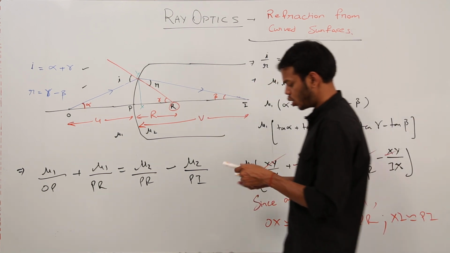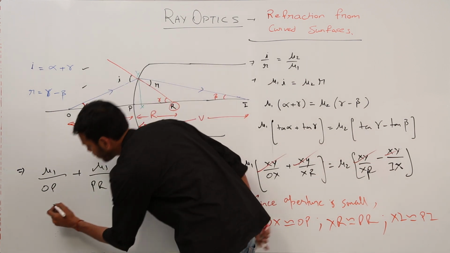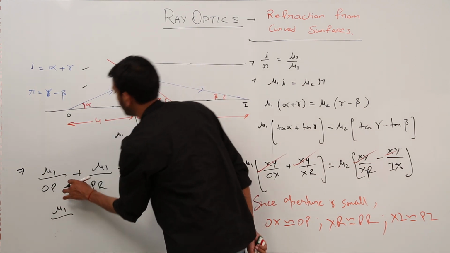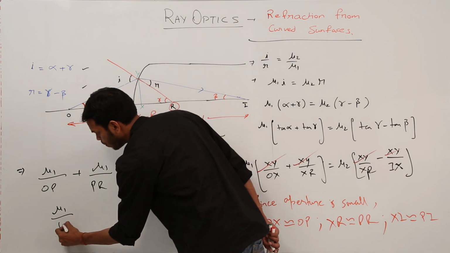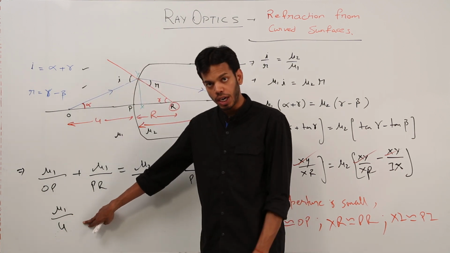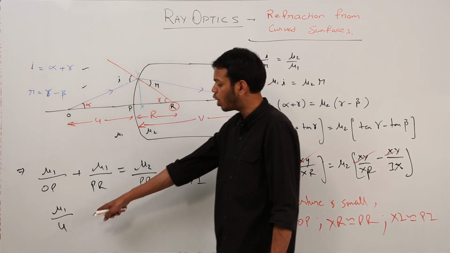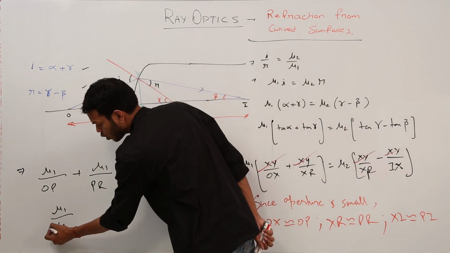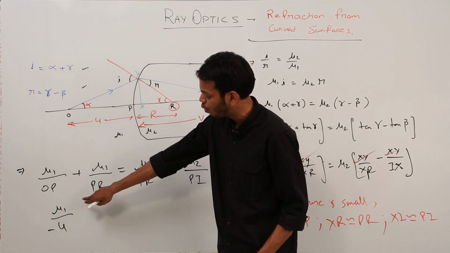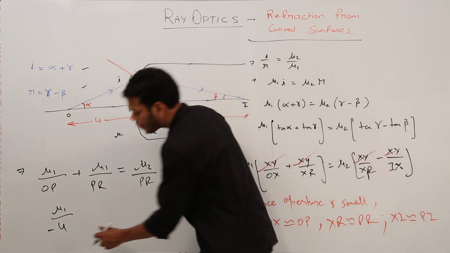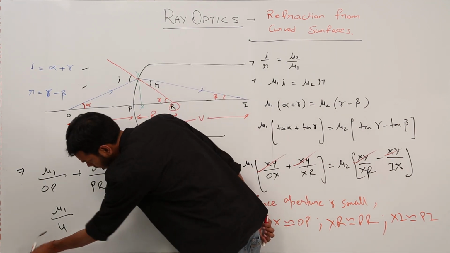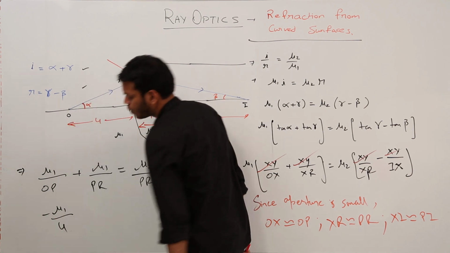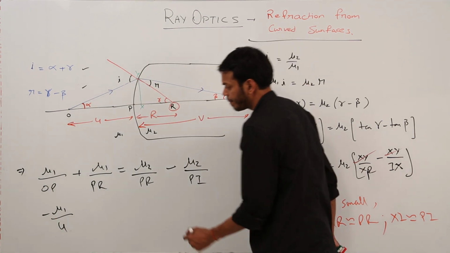So this equation becomes mu 1 upon OP. OP is U, right? Have I written this part right? Obviously not, because U is on the left side, which I will be taking as negative. So I should have written it like this, mu 1 upon minus U. But again, I am going to write it as minus mu 1 upon U. One and the same thing.